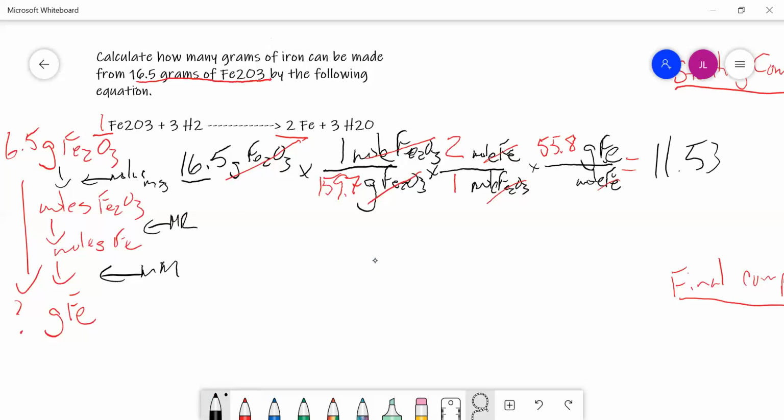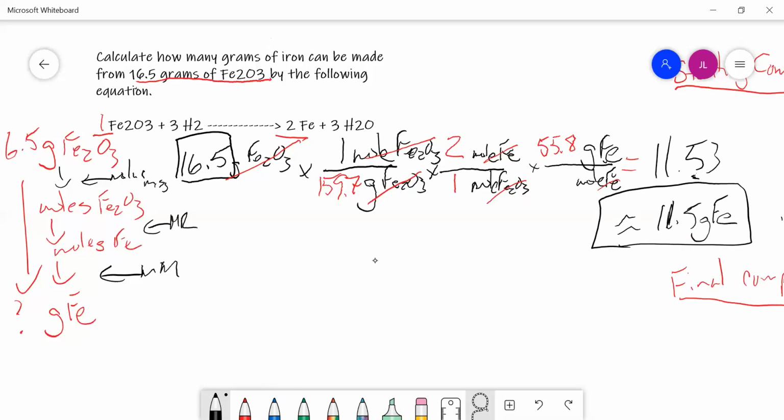We have 3 sig figs here. The molar ratio is a conversion factor, so it has unlimited sig figs, and the same with molar masses. So we're just going to be limited by our starting material of 16.5, which is 3 sig figs. We're going to stop there. So our answer is 11.5 grams of iron.